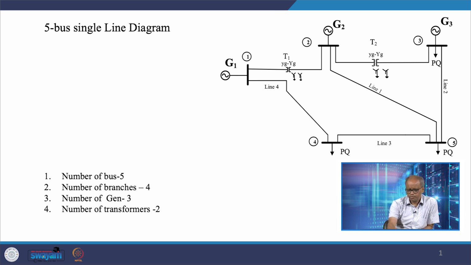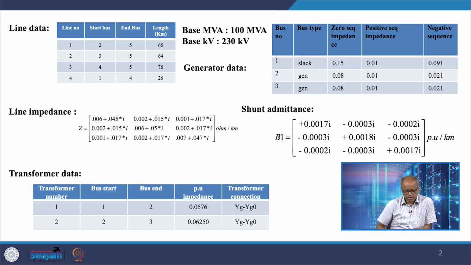One transformer is between bus 1 and bus 2, say this transformer is YG, and another is between bus 2 and bus 3, it is also YG. Just as an example we have taken these, and the data are also given like this.